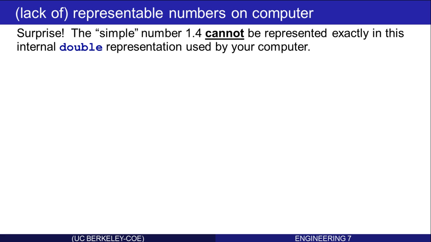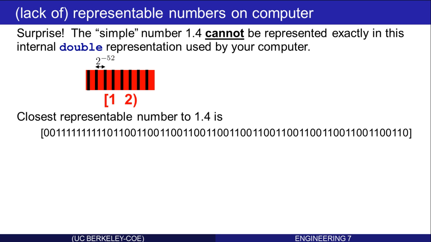Despite its vastness, the simple number 1.4 cannot be represented using this number system. If you start from the number 1 and add multiples of 2 to the negative 52, it will never equal 1.4. In terms of the 64-dimensional array of ones and zeros, the closest representable number to 1.4 is this.